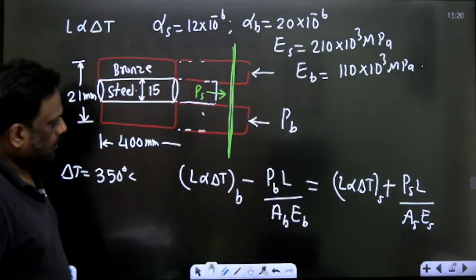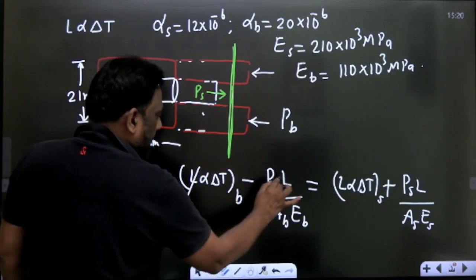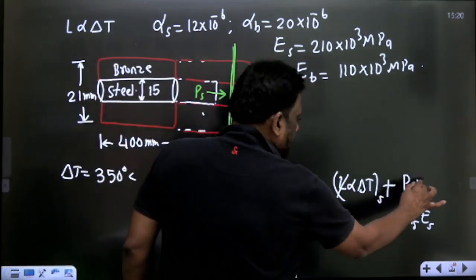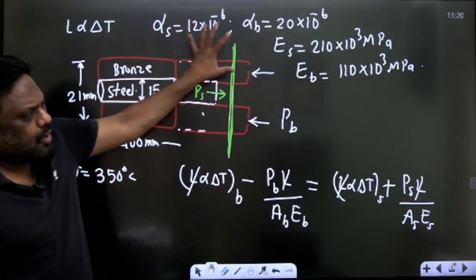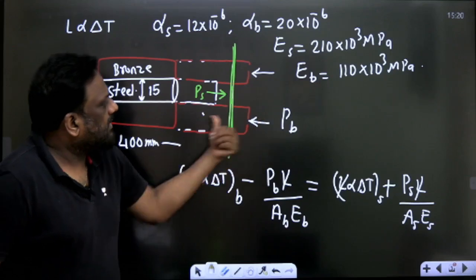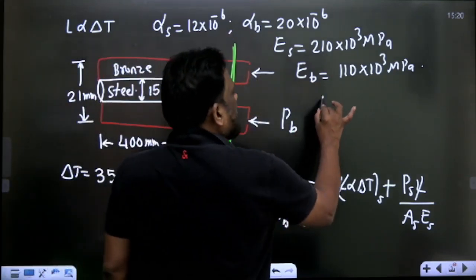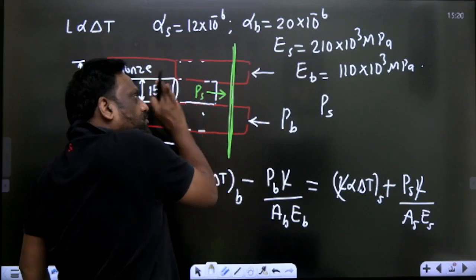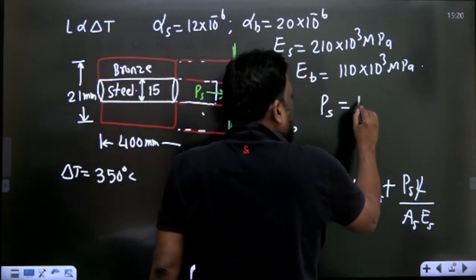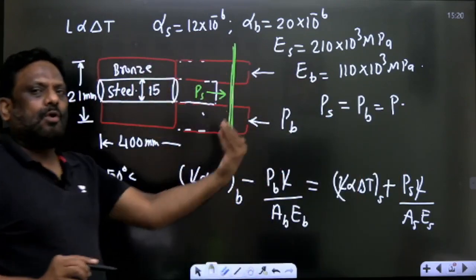Understand carefully. L can be removed. And one more thing, as there is no external load, the total compressive force should be equal to the total tensile force. Let it be equal to some P, the force either in bronze or in steel.